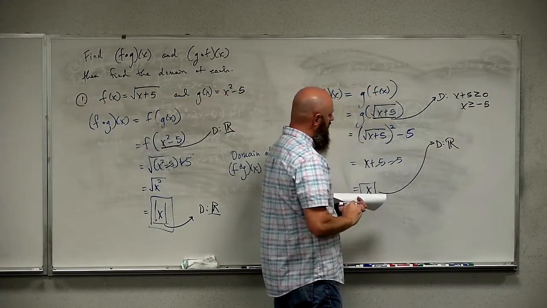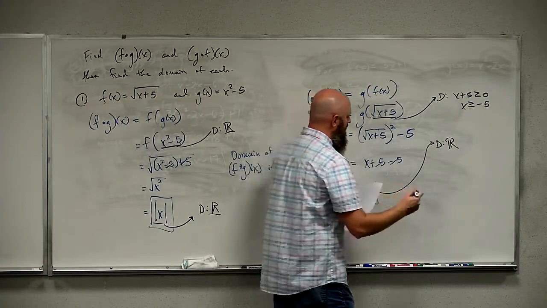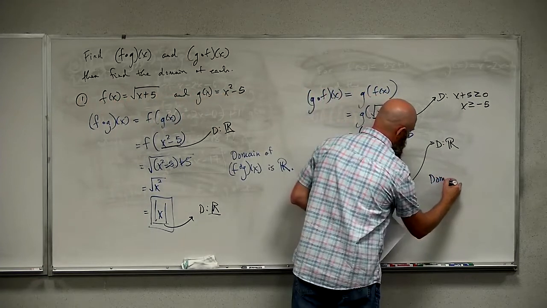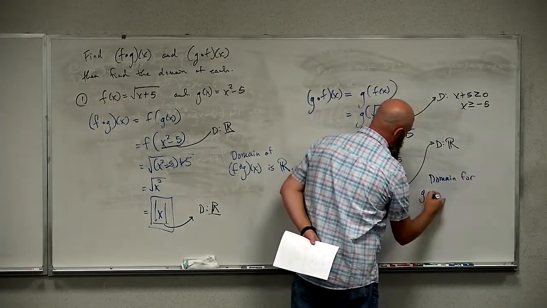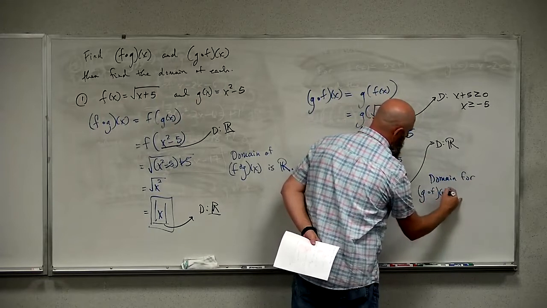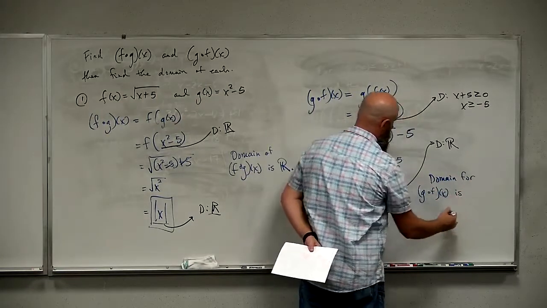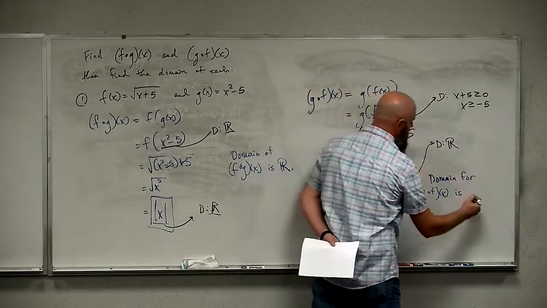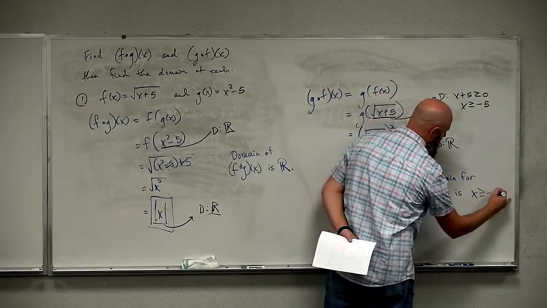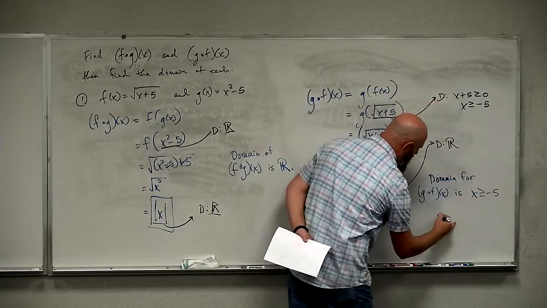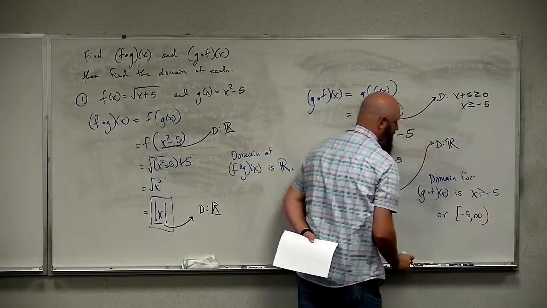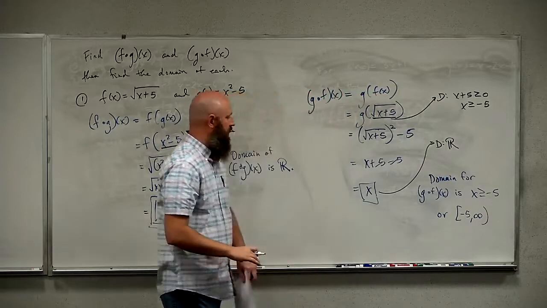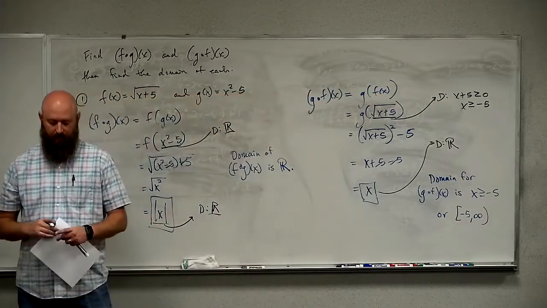And so our domain for g of f of x is going to be x greater than or equal to -5. Or we can write that as -5 to infinity, like we talked about before.